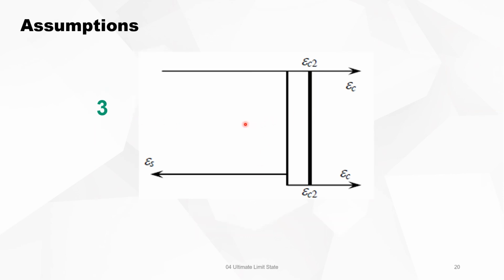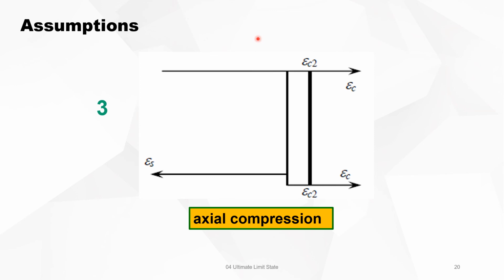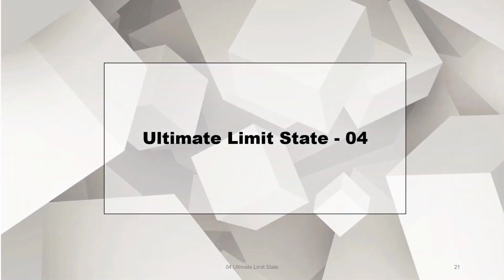And at the end, you have centric compression, which is the right border of domain 3. Actual compression. You have learned about the different strain diagrams and domains in the ultimate limit state. See you in the next lecture.